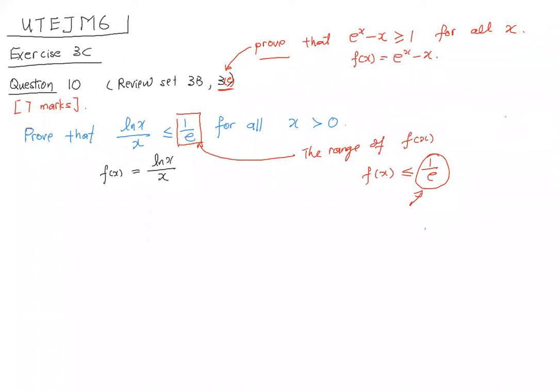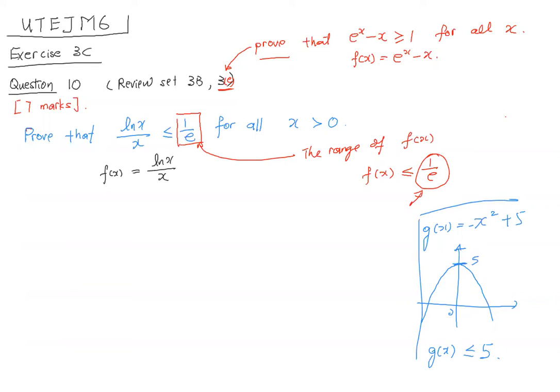For example, I have a g(x) function as a quadratic, negative x squared plus 5. So look, the graph will go in this way. The highest value for my g(x) is 5. So I would say my g(x) is less than or equal to 5.